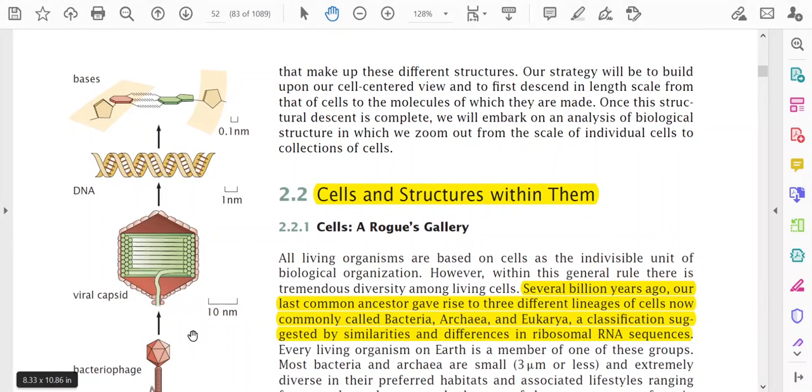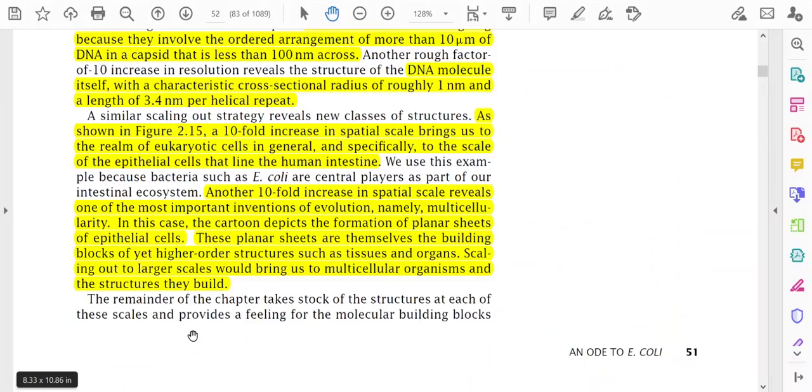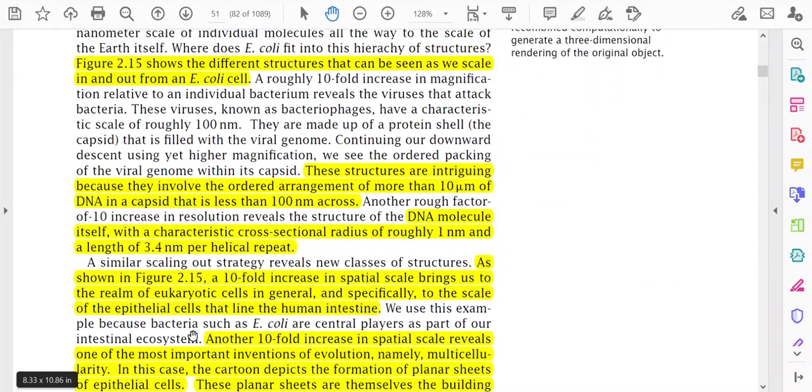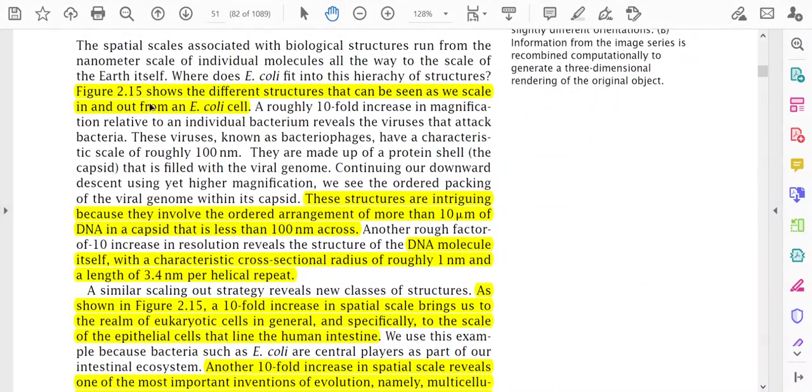So a 10-fold increase in the magnification starting from the E. coli cell allows you to see the bacteriophage or the virus that attacks the bacteria.